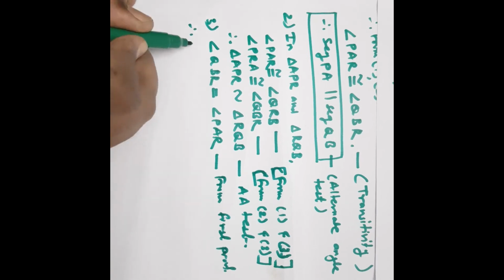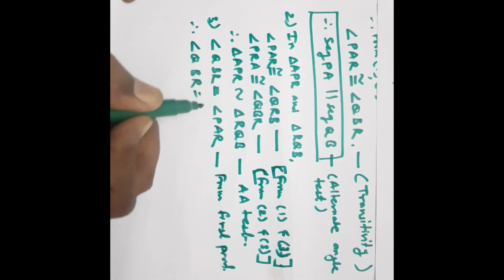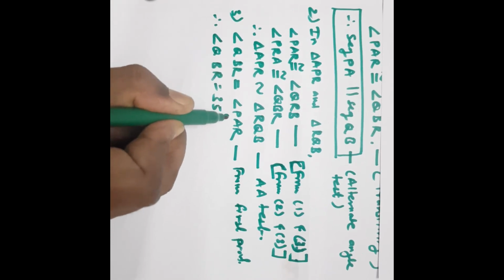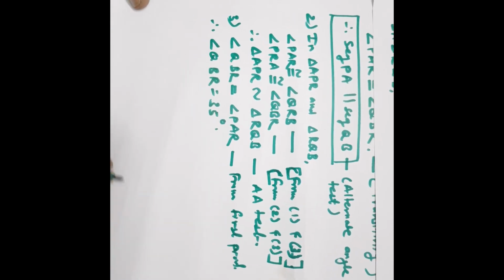Therefore, angle QBR is equal to 35 degrees. We have been given angle PAR as 35. Therefore, angle QBR is also 35 degrees.